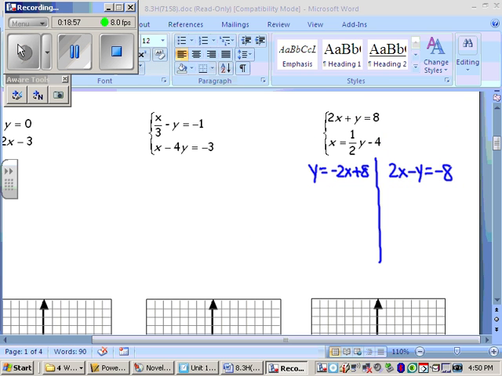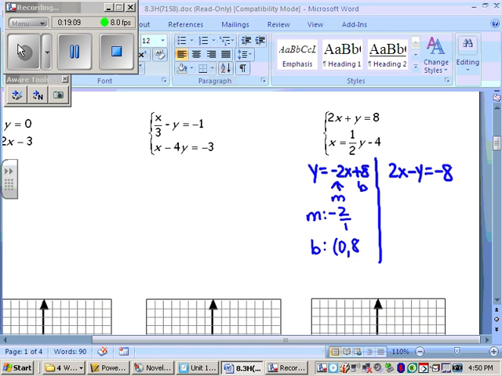The first equation is already solved for y, so we can identify m and b very easily. So m is negative 2 over 1, which is our slope, and our y-intercept would be 8. In the second equation, we need to solve for y. So we will first move the x term to the right.